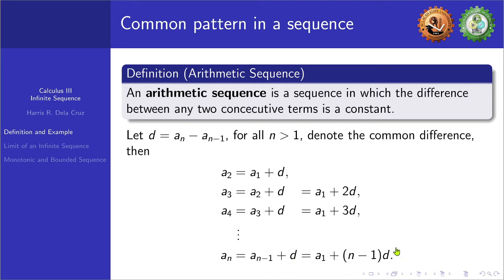So this is now the general term for an arithmetic sequence, A1 plus n minus 1 times D, where n denotes the position in the sequence. So the nth term is given by A1 plus n minus 1 times D.